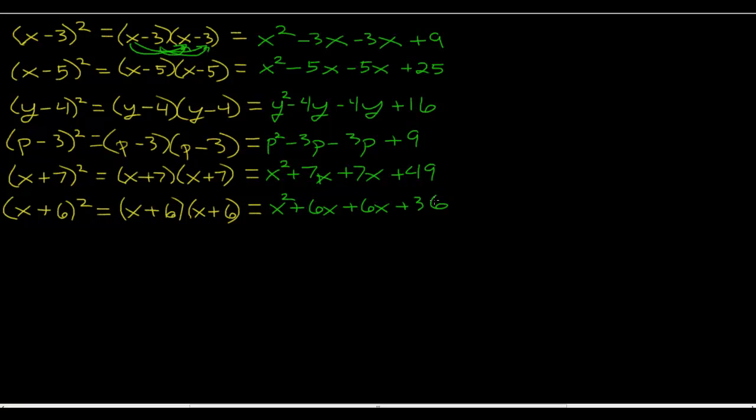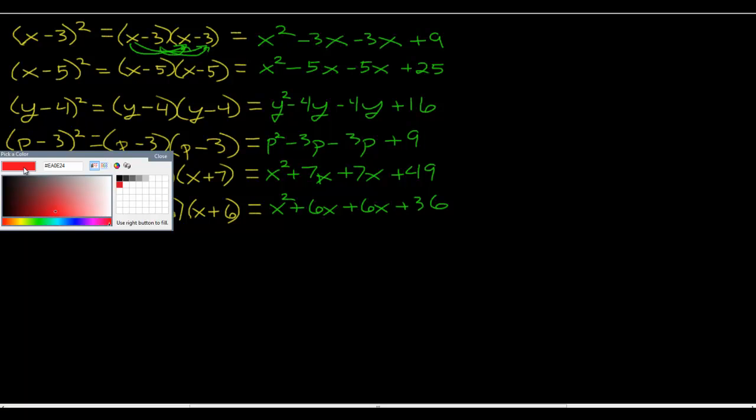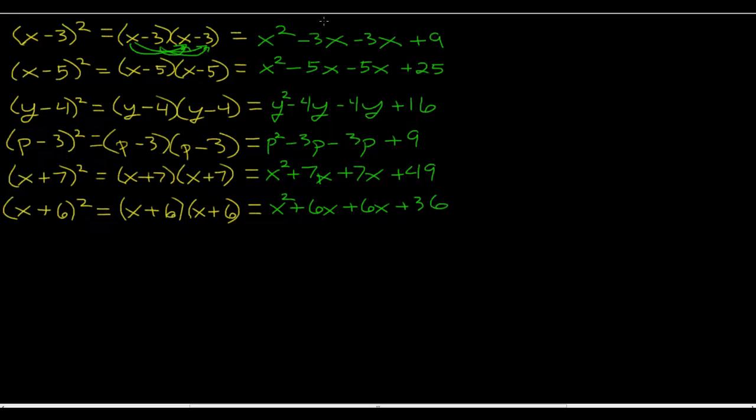Okay, so are you starting to see the pattern that you're getting two of the same things? These two items are the same in each of these. See, here's a pair, there's a pair, etc.